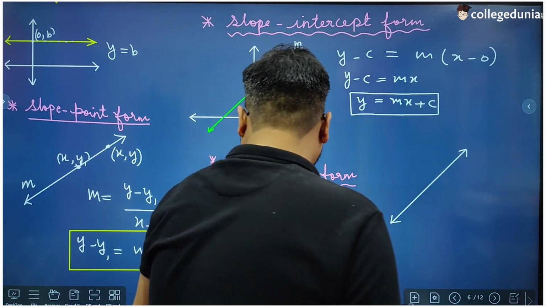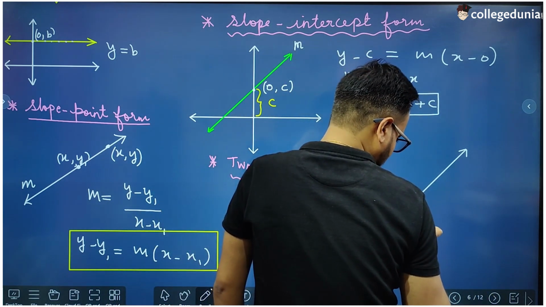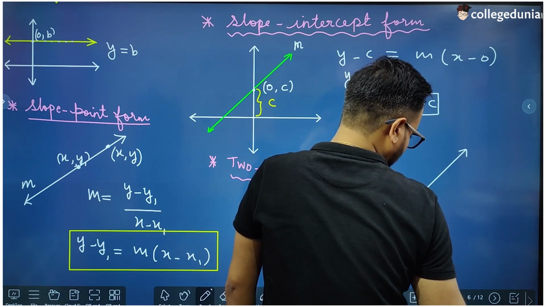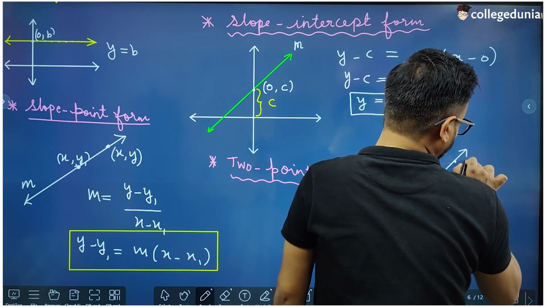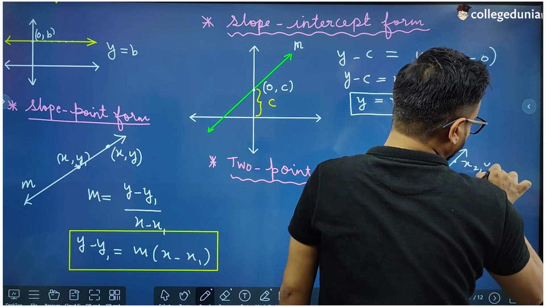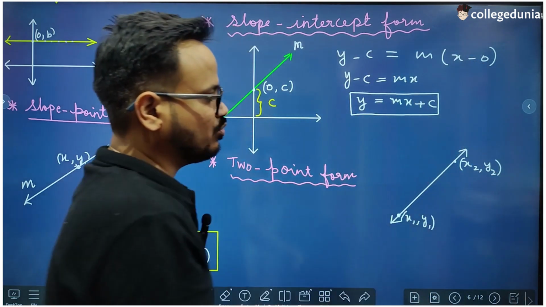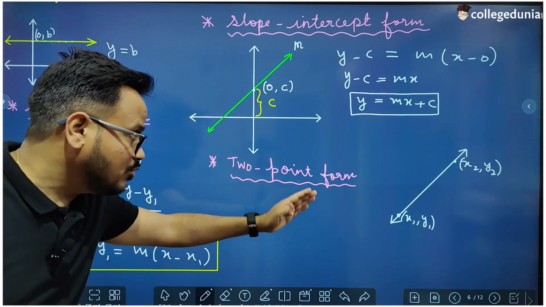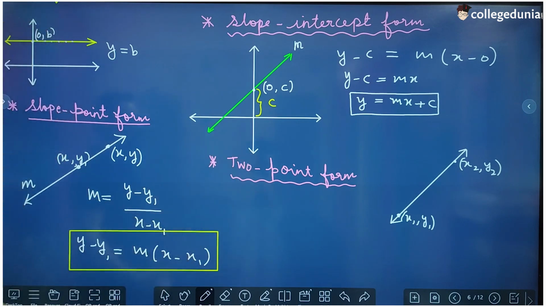So this point is x1 y1 and this point is x2 y2. This point is x1 y1, this is x2 y2. As I have said earlier that we are going to use this form only to find equation in any other form, right?